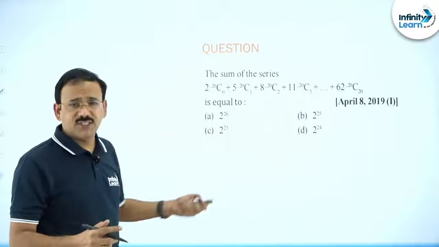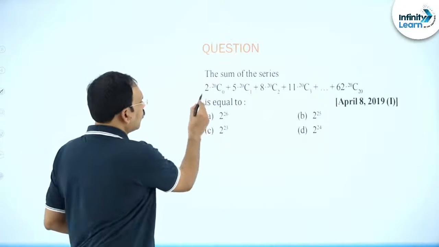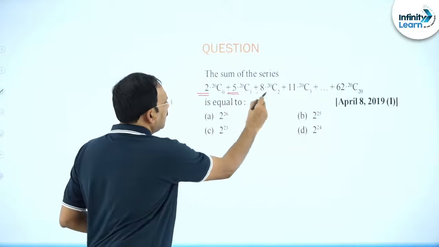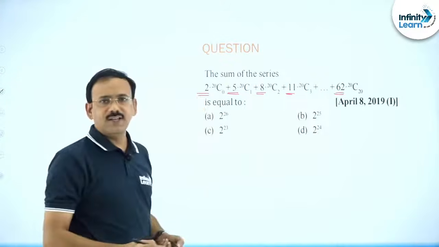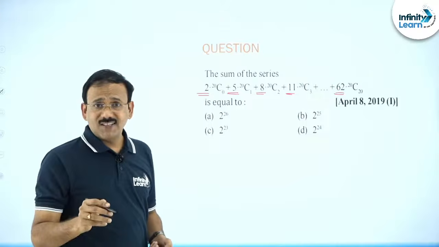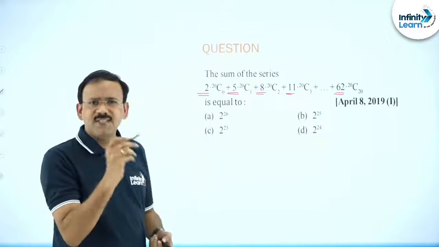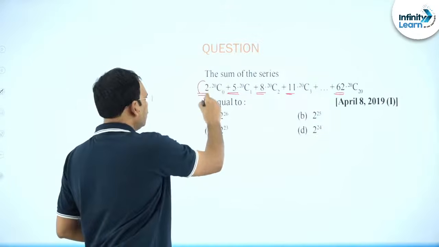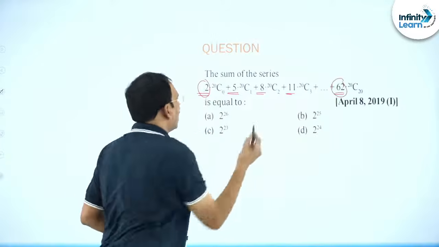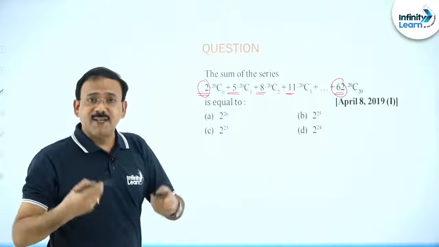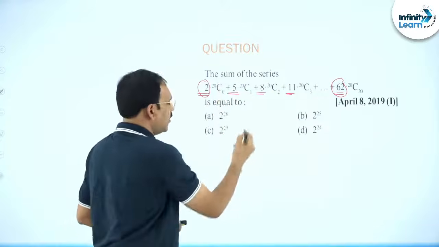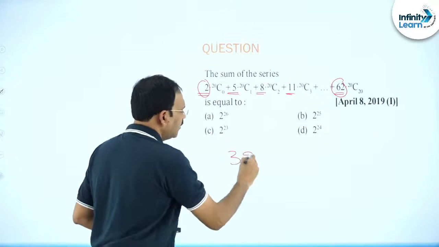You see this question last minute, the coefficients are in AP and the rest of the things are binomial coefficients only. You know the shortcut: when the coefficients are in AP, the simple shortcut is first number plus last number by 2, that is 64 by 2, which is 32, into the rest.